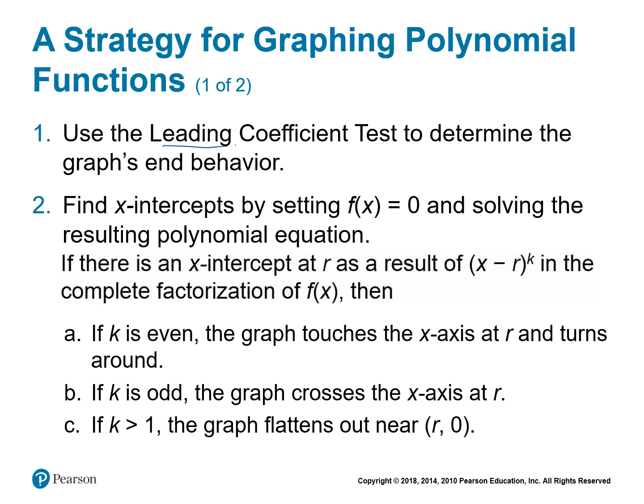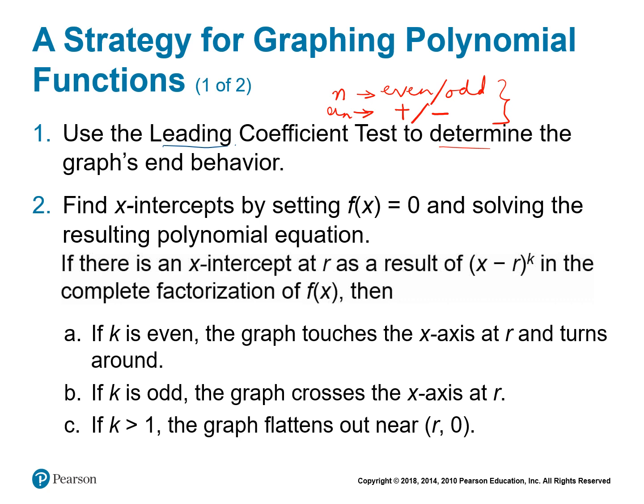So again, to remind you, the leading coefficient test takes into account two things. One is n, which is the degree, and whether it's even or odd, and also a sub n, which is the leading coefficient, and whether it's positive or negative, and based on that we determine the graph's end behavior, whether one end is going to rise, the other end is going to fall, or whether both ends are going to rise, or whether both ends are going to fall, and so on.